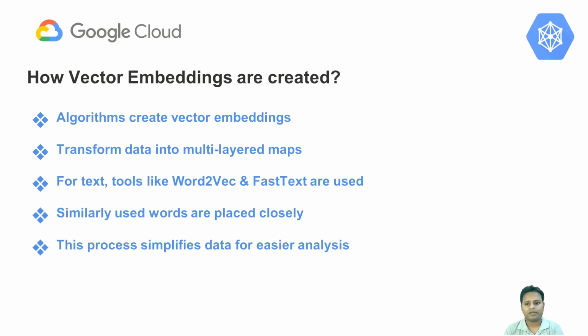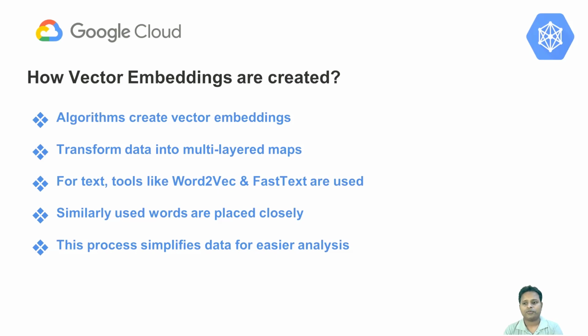Now this can be done using specific algorithms. These algorithms help you transform complicated data into a map with multiple layers or dimensions, like in the case of natural language processing. To deal with words, there are programs like Word2Vec. They read through lots of text to grasp how words are used.